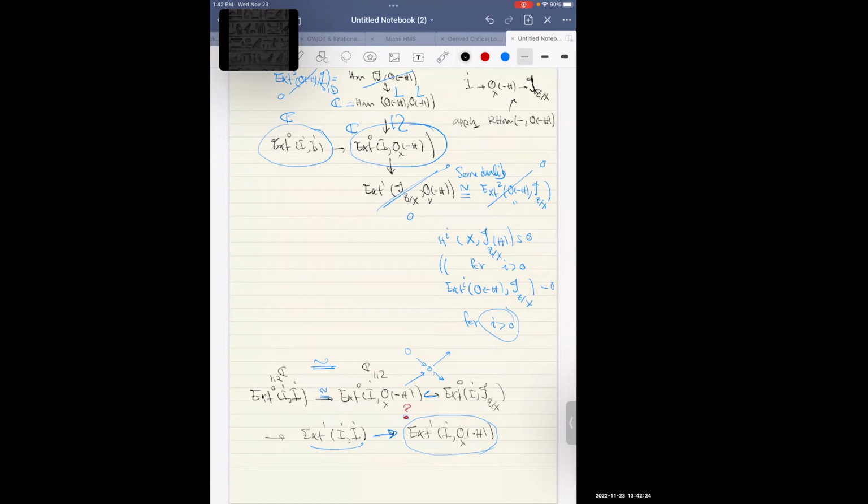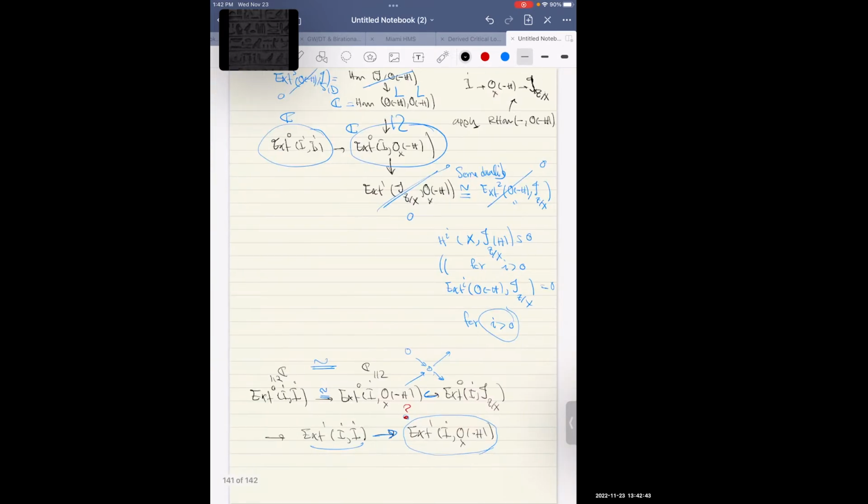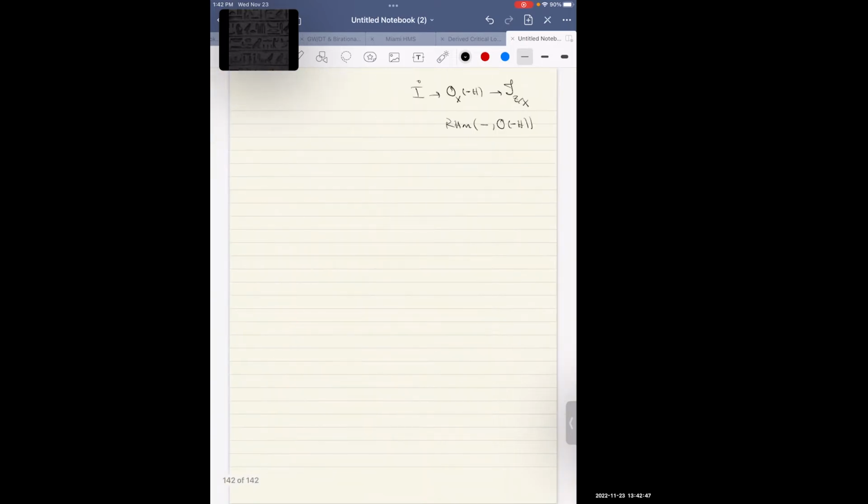So I can do the same thing again. So I have now x1 to take care of. I have I dot goes to OX minus H goes to I of Z in X. I can apply O minus H to this thing and only look at it at the level of I equal to 1.